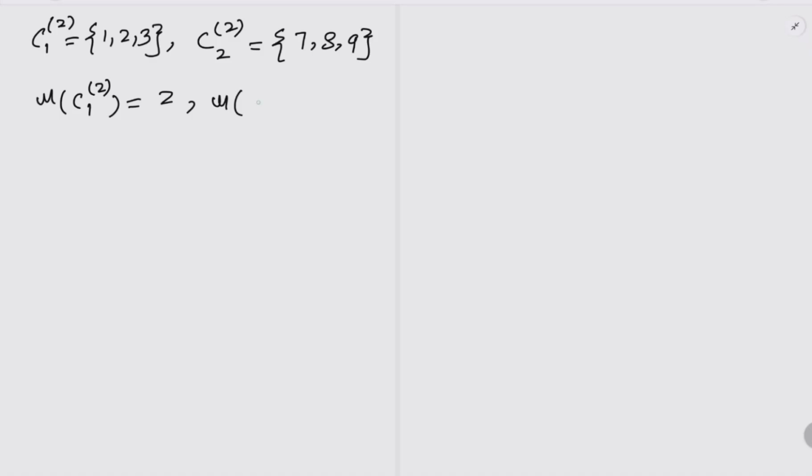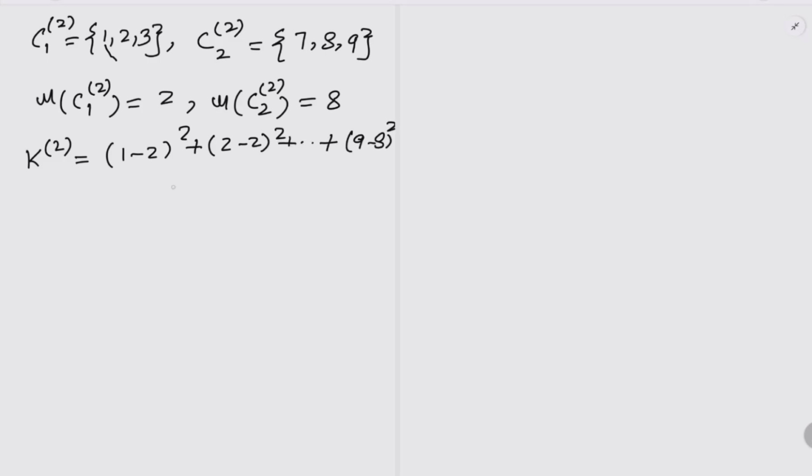The centroid for cluster number 2 is 8. And if you find the cost again, you can easily find 1 minus 2, the difference between 1 and 2, 2 minus 2 squared, and so on, up to 9 minus 8 whole squared. This whole value is 4.